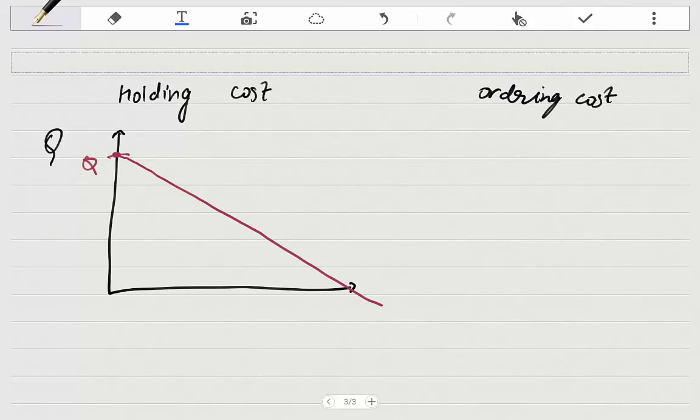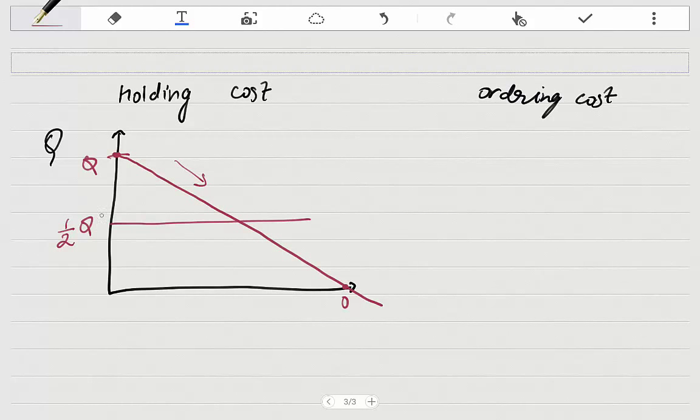Because it's constant, and at some point you'll reach zero, right? You started at Q and you'll reach zero, which means, given that this decrease is at a constant rate, the average inventory is going to be 1/2 of Q.